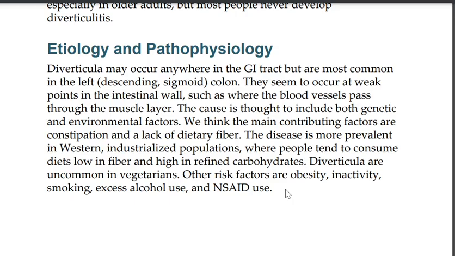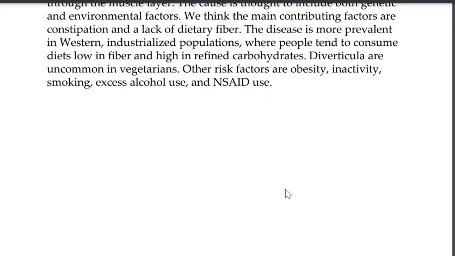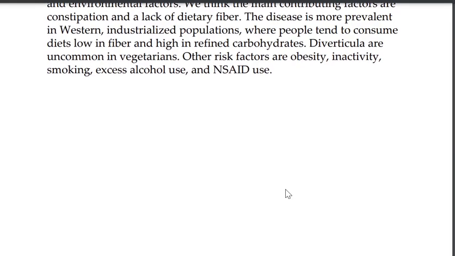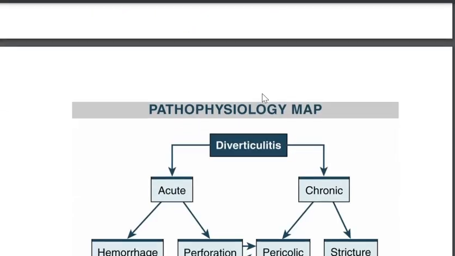Diverticula are uncommon in vegetarians. That's kind of interesting. Other risk factors are obesity, inactivity, smoking, alcohol, and NSAID use. Maybe NSAIDs, if someone uses them long term, they can affect the GI system, right? Because they have a little bit of aspirin in them, and maybe it affects the bowel wall.